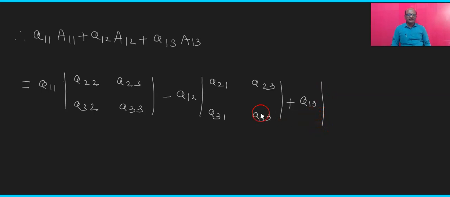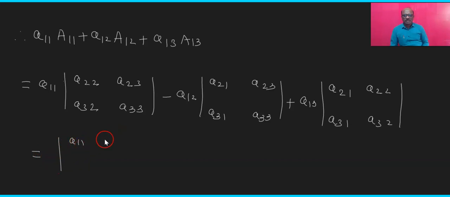Therefore, we get here the matrix a21, a22, a31, a32, and this is nothing but the determinant of the matrix a11, a12, a13, a21, a22, a23, a31, a32, a33.